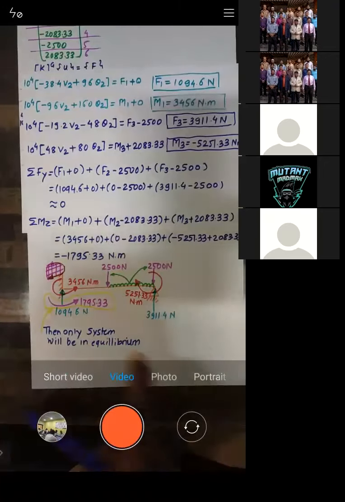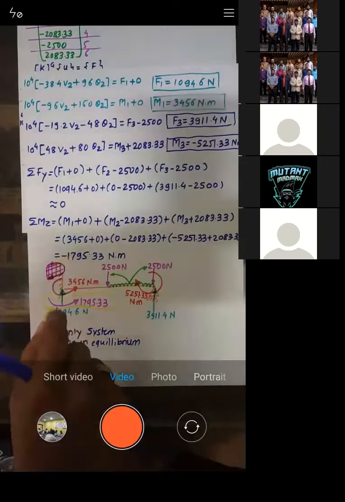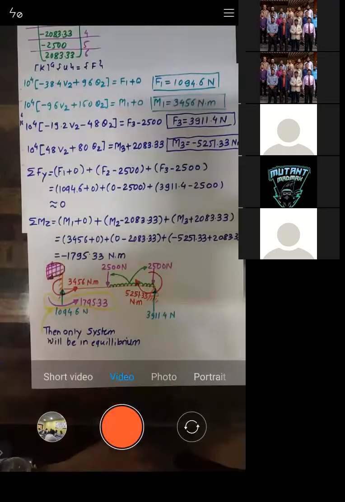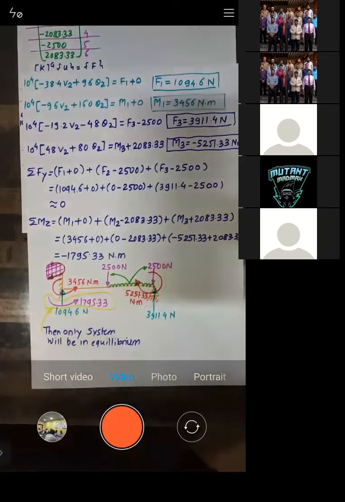So we need to produce a movement of anti-clockwise, of the same magnitude but with a different direction. So is it okay with this one? Is it okay? Yes.